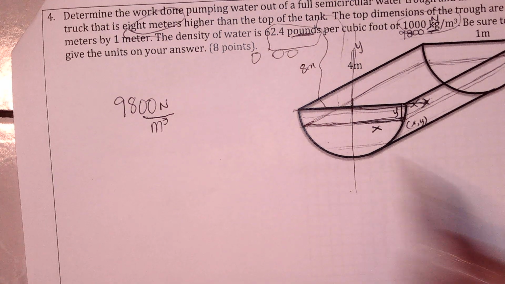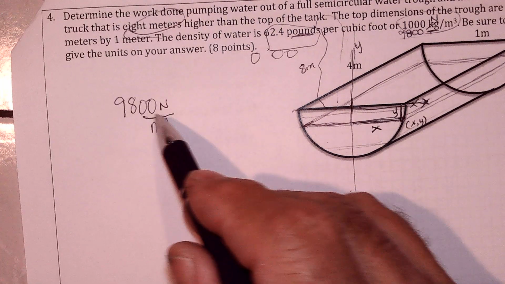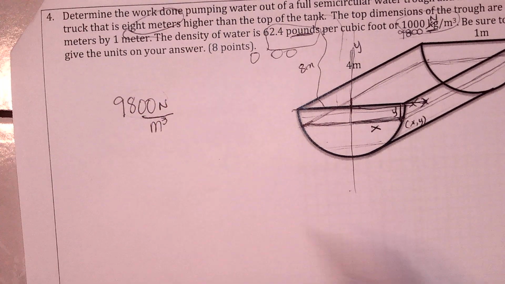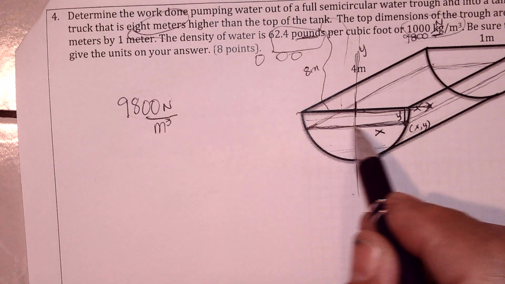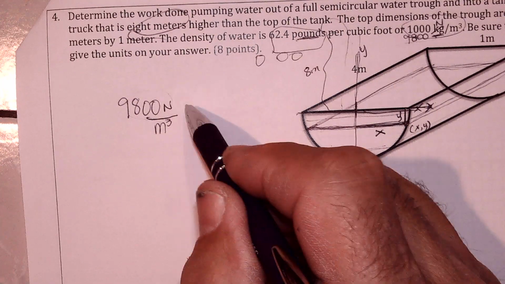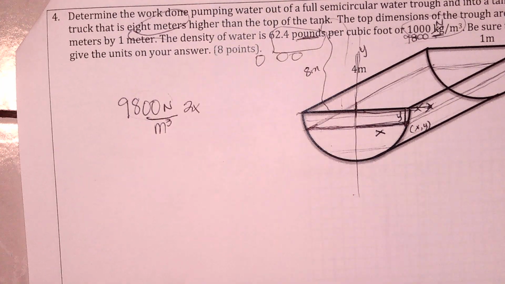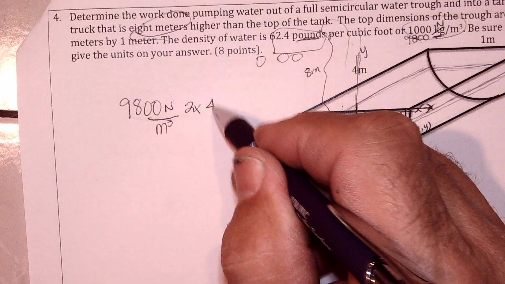So now we got to take it times the volume of this slice to get rid of the meters cubed, so we get the weight in newtons. So this has a width of not x, but 2x, a length of, well, everywhere in there it's 4 meters long.